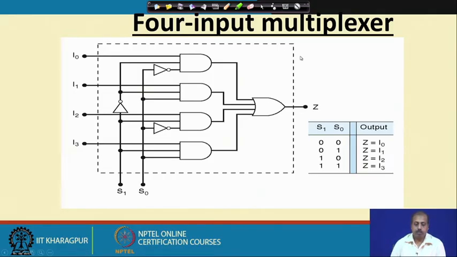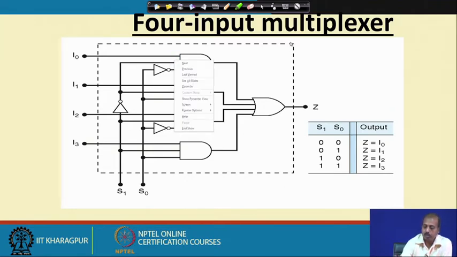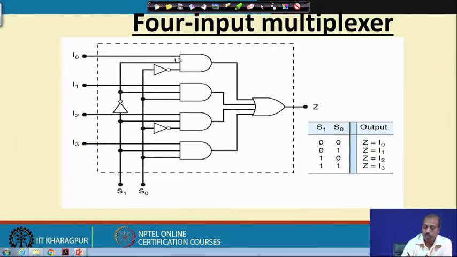So, this is the 4 input multiplexer. When S0 and S1 are 0 0, I want I0 to get transferred to Z. We can quickly check that it is happening. When both are equal to 0, this input is equal to 1 and this input is also equal to 1, so whatever we get at I0 is transferred to this point.